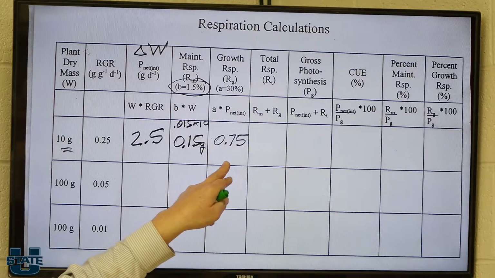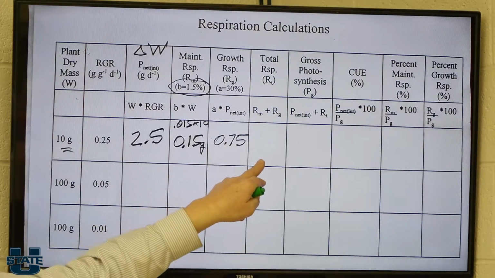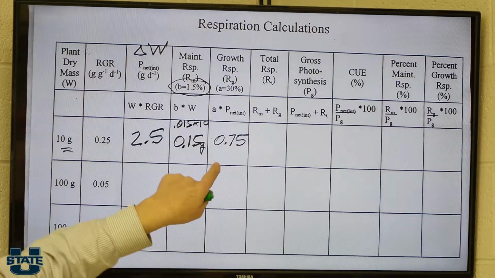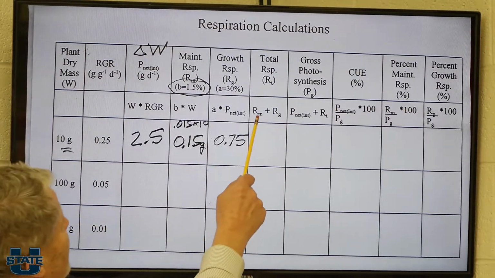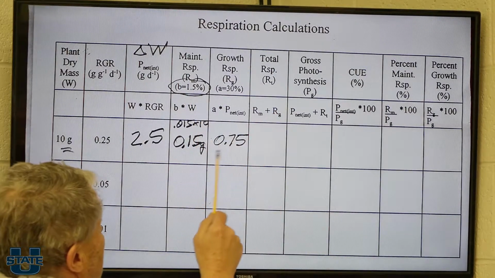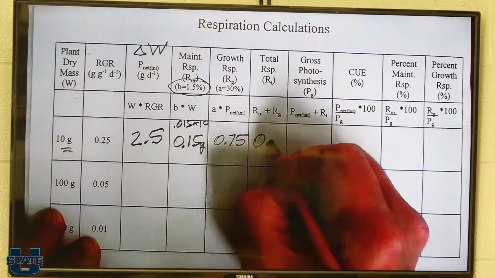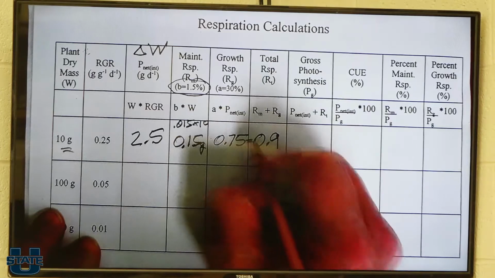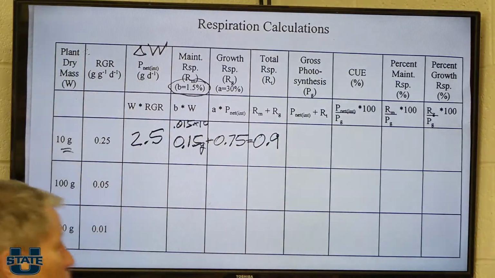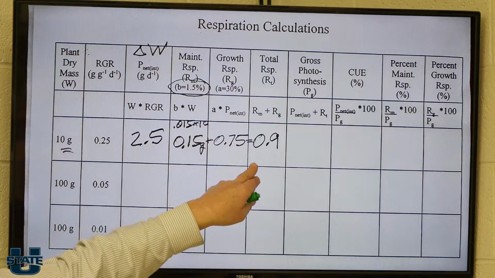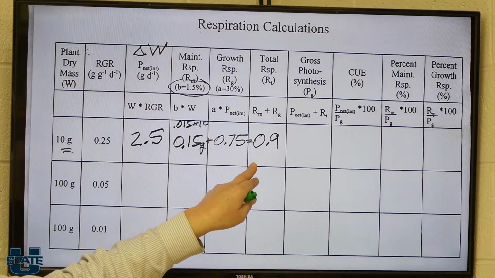We have 0.75 grams going to growth. The total respiration is the sum of these. RM for maintenance, RG for growth. This comes out to be that plus that is 0.9 grams of carbohydrate that went to respiration.